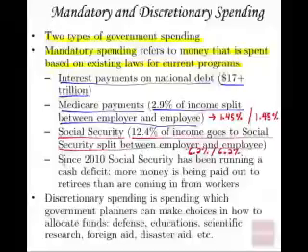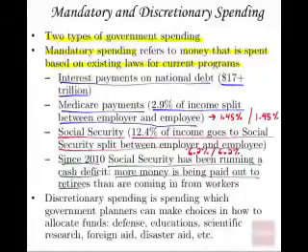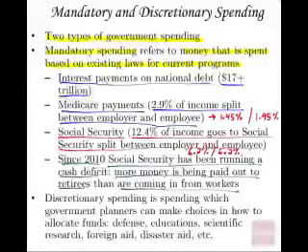Now, since 2010, Social Security has been running a cash deficit. So more money is being paid out to retirees than is coming in from workers. And again, as the baby boomer generation retires, you're going to have more people leaving the workforce and collecting Social Security.